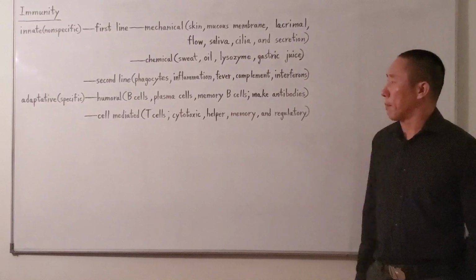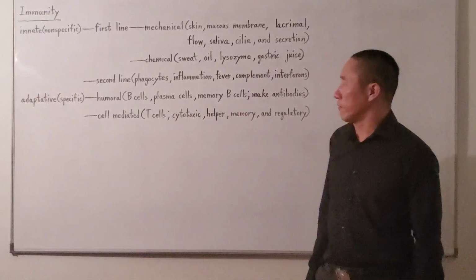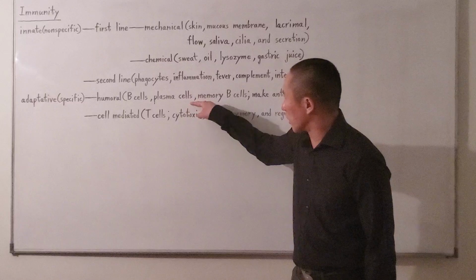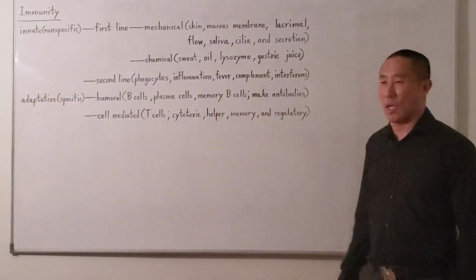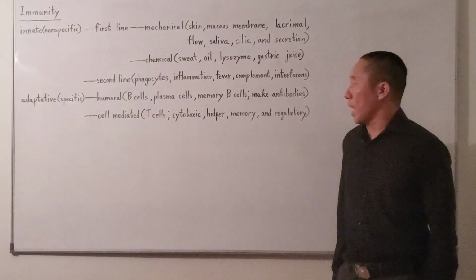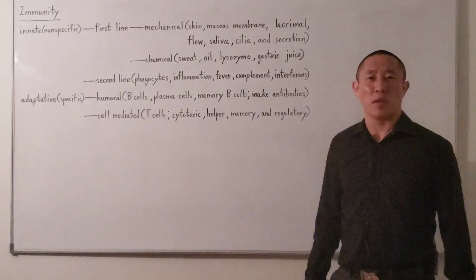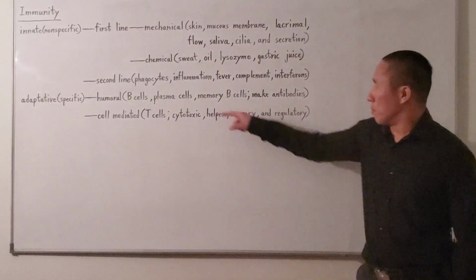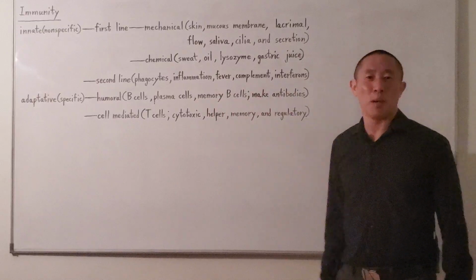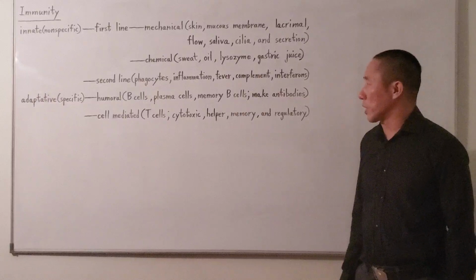Now, when B cells are mature, they can differentiate into plasma cells and memory B cells. Now, plasma cells can also make antibodies, and can also secrete antibodies. Memory B cells have memory.